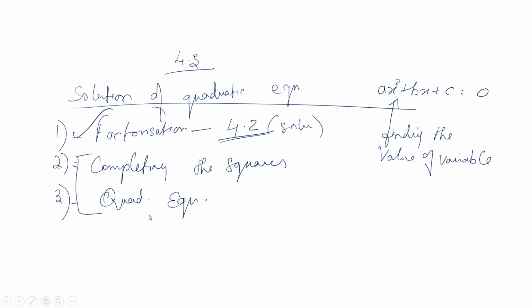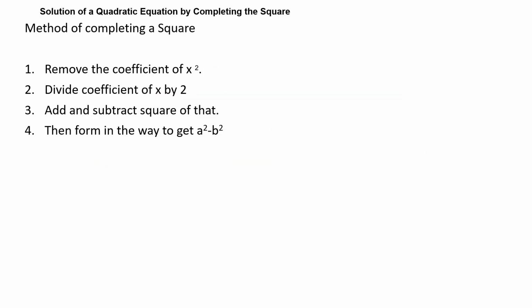In this we are going to see completing the square and the quadratic formula. This is a little bit lengthy exercise, and we require more explanation, so I am proceeding with the chapter.